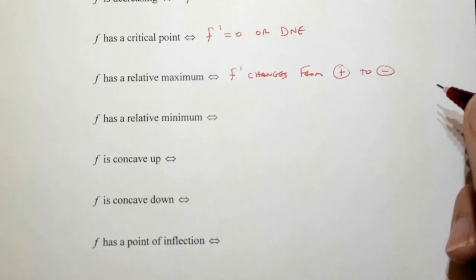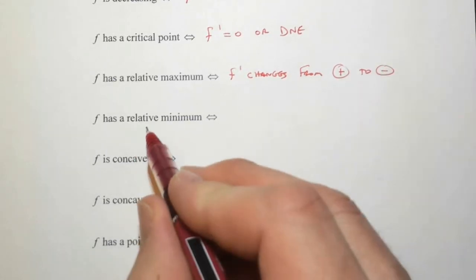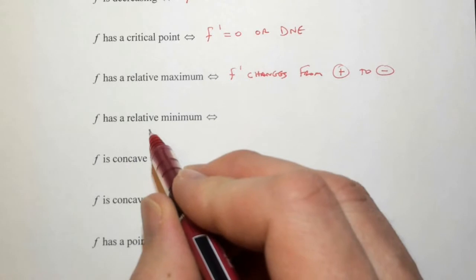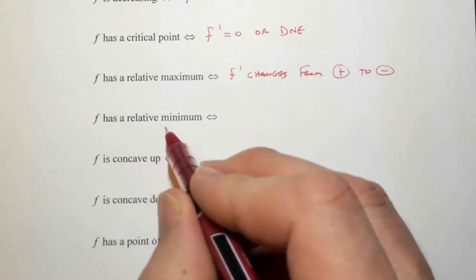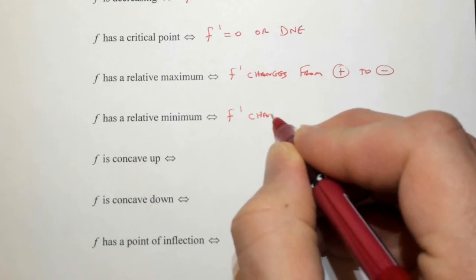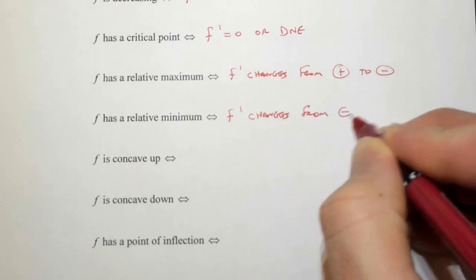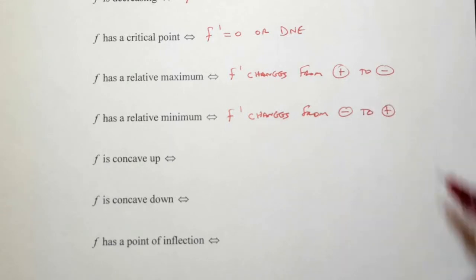That's when you get the top of a hill, when the derivative changes from positive to negative. You get the bottom of the valley, which is now going to be known as a relative min, when the derivative was negative and then switched over to positive.